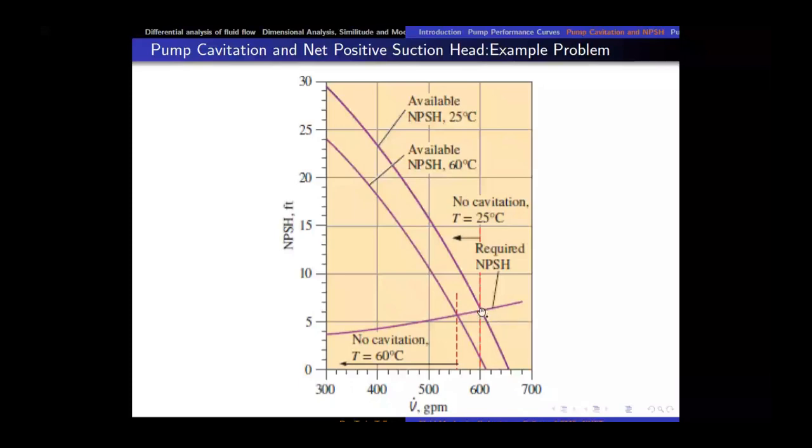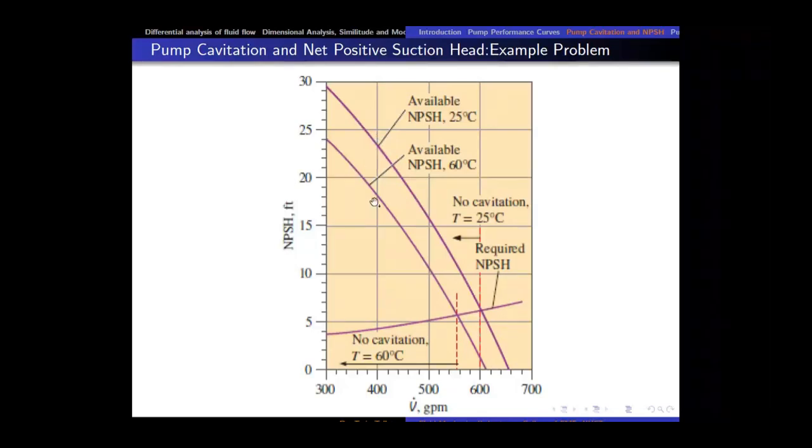But if the same fluid is available at 60 degrees centigrade, then you can easily see that the safe volume flow rate limit is only around 550 gallons per minute, right? That is the effect of changing the temperature.